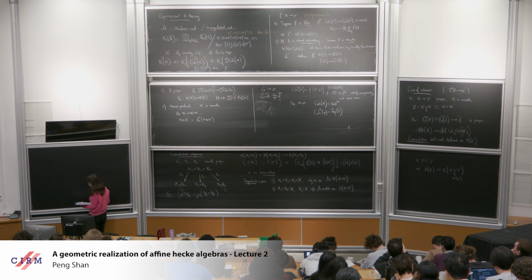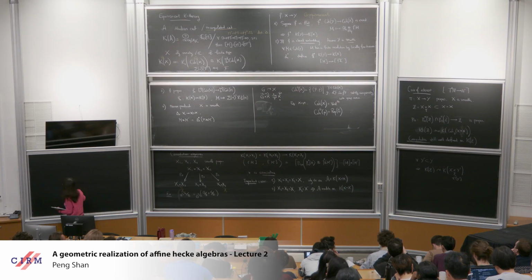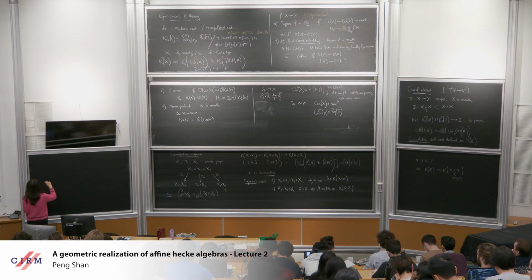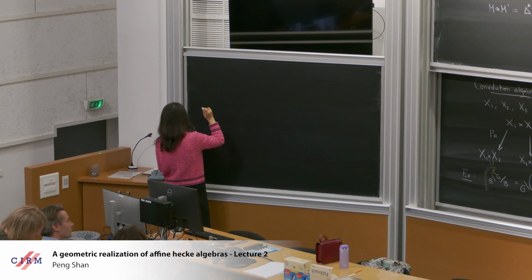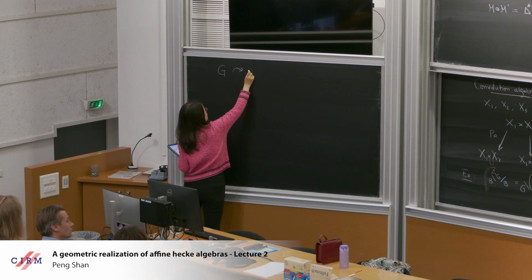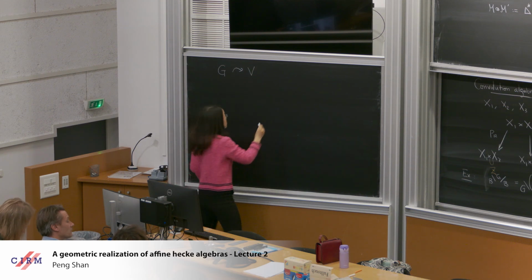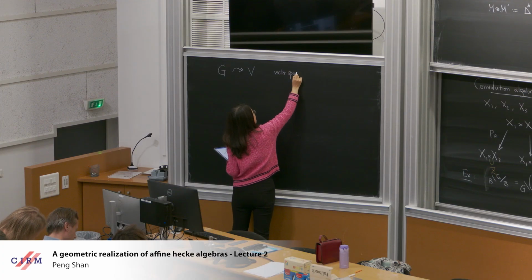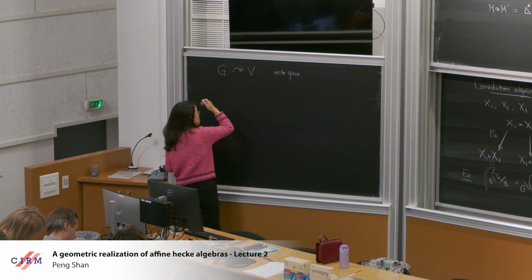And now I want to further specialize to a case we'll be interested in, which is the following. You start with a reductive group G acting on a vector space V, or just a finite dimensional G representation.